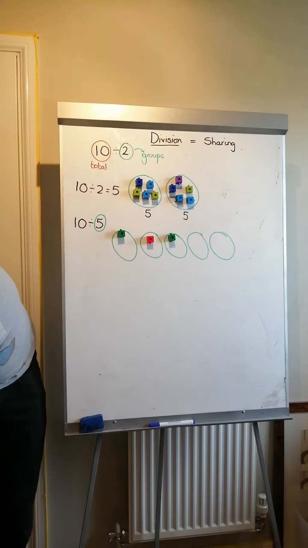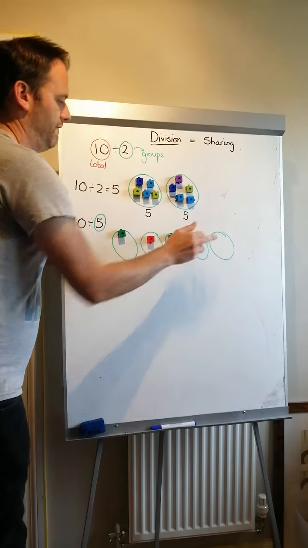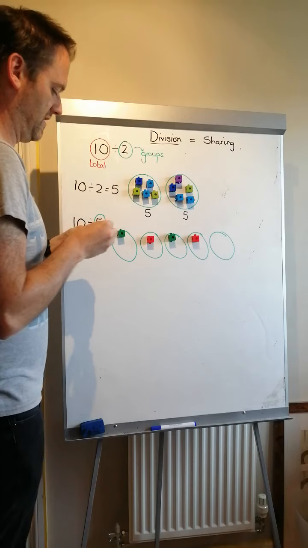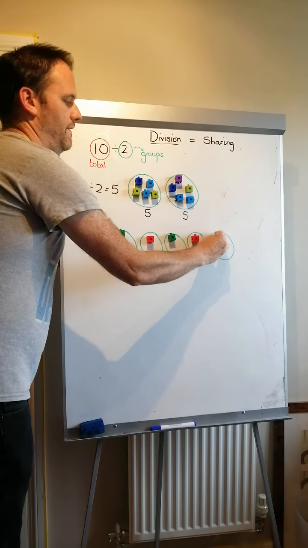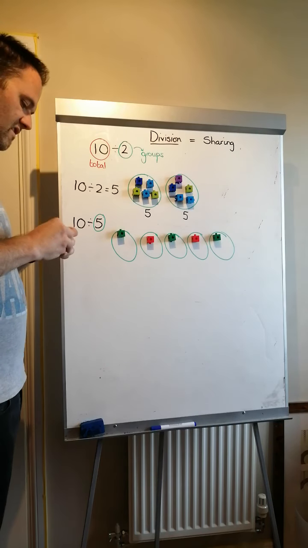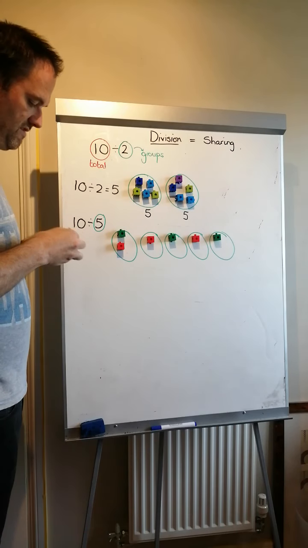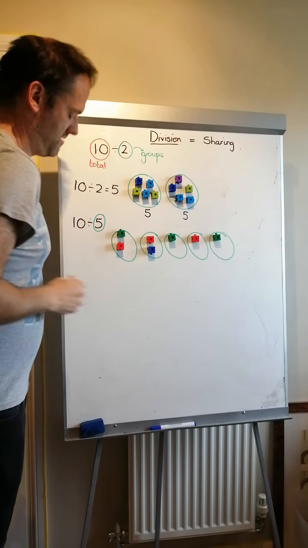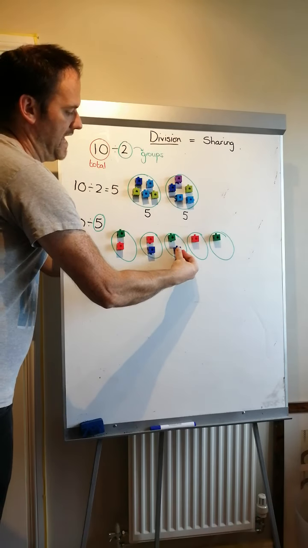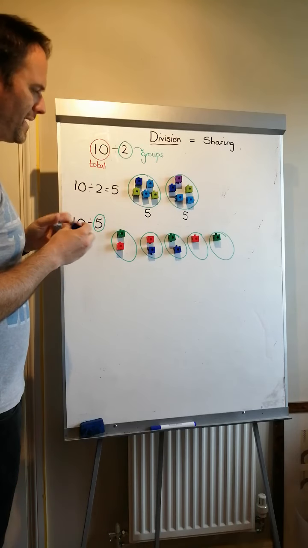3. 4. 5, halfway there. 6. 7. 8. Obviously, I'm sticking these onto a board, but if you've got them in front of you, just don't make towers with them.